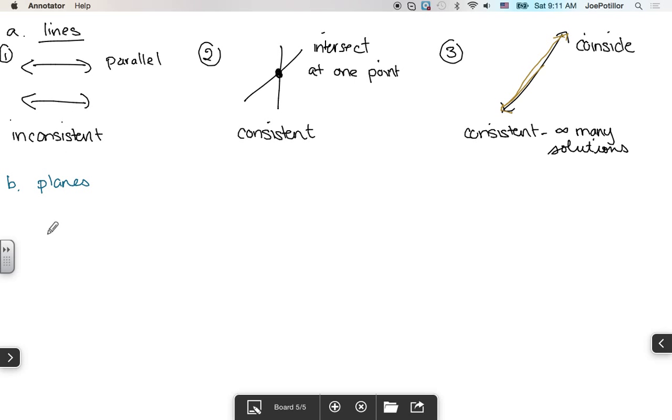They can intersect. Planes can be parallel. I can't draw, so you just have to bear with these horrible drawings once again.